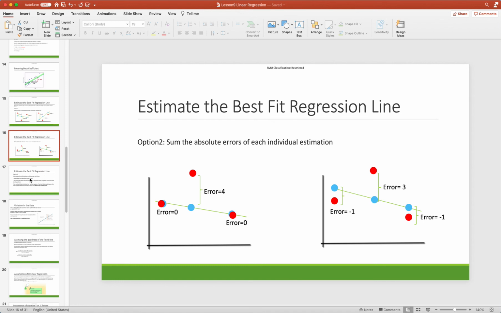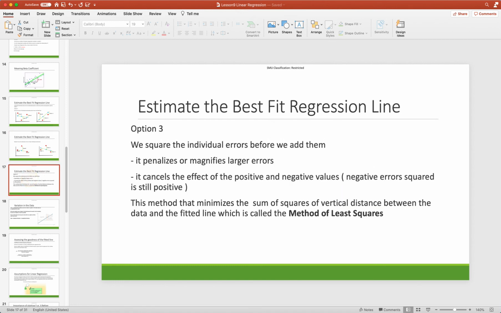The other way of doing this is the famous sum of squares method. Basically, this is the method of least squares. We square the errors and then we add them. That penalizes the magnitude of large errors.